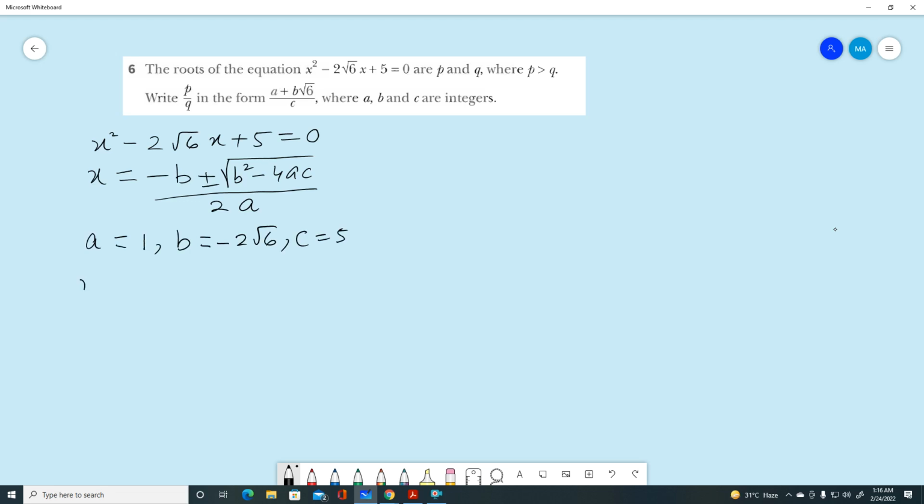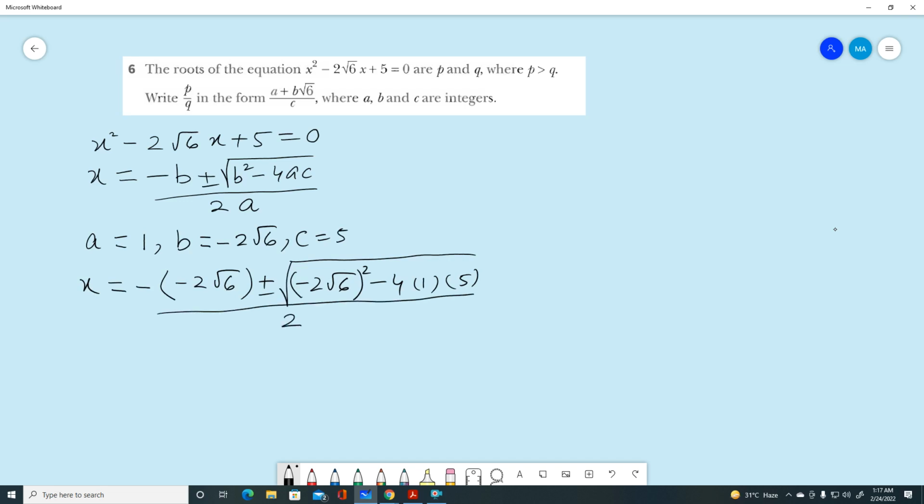Now put all the values of a, b and c in the formula. Minus b, b is minus 2 root 6, plus minus root of b square, minus 2 root 6 whole square, minus 4, a is 1, c is 5, upon 2a, a is 1.